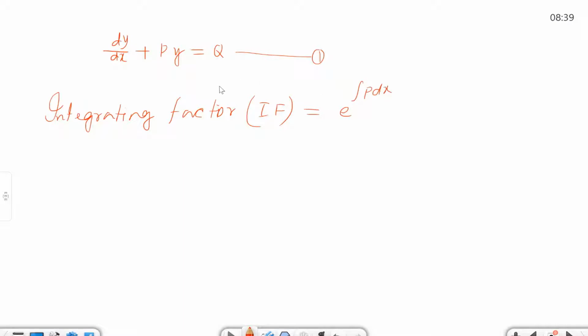For any linear differential equation in y, before solving it we have to multiply every term by this factor, e to the power integration P dx.